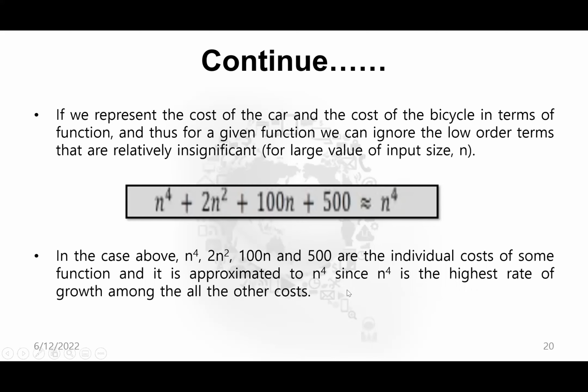So when we use big O, this is how we look at the highest rate among all the terms in your original f(n).